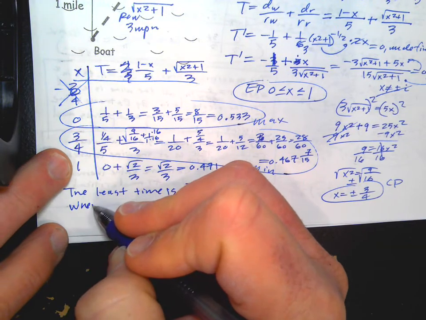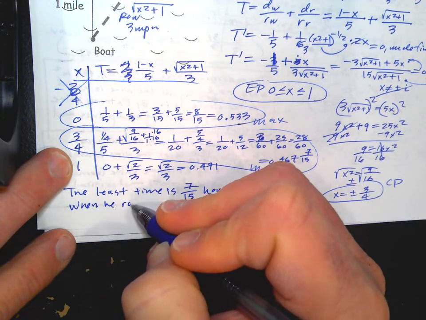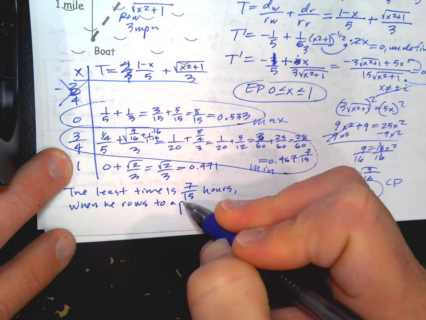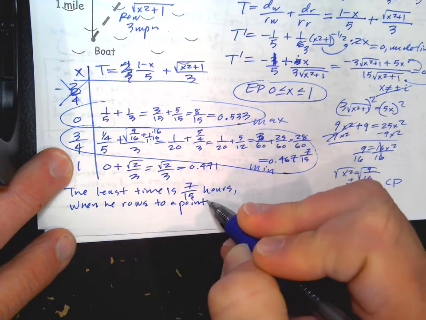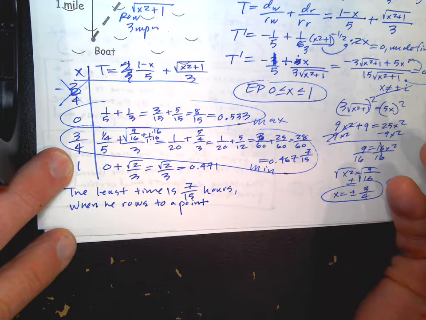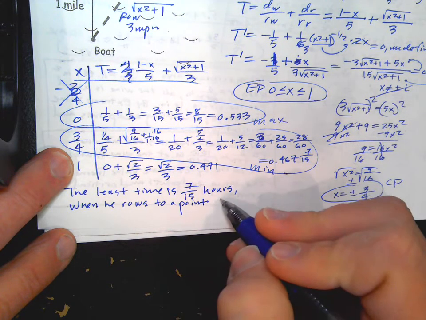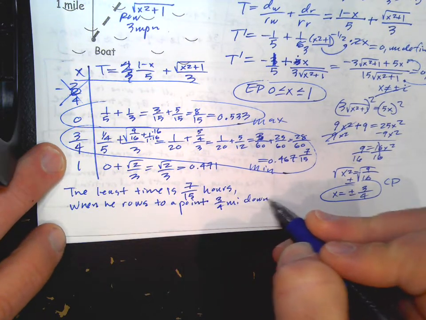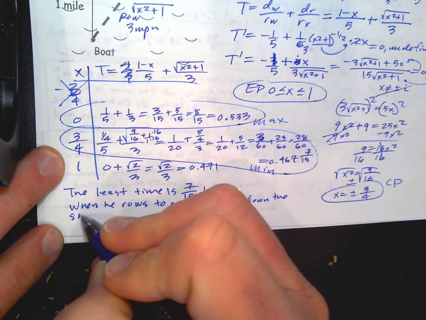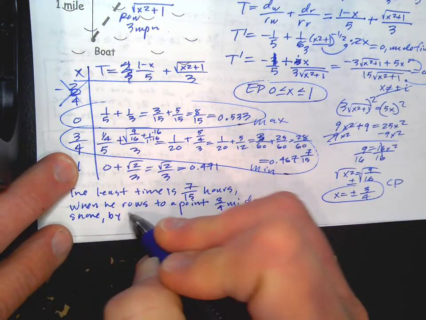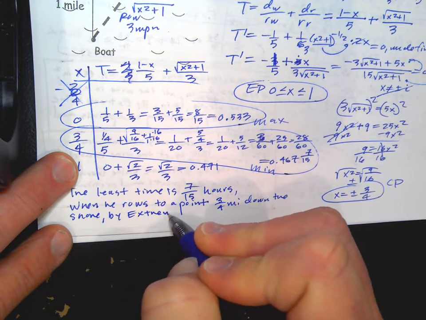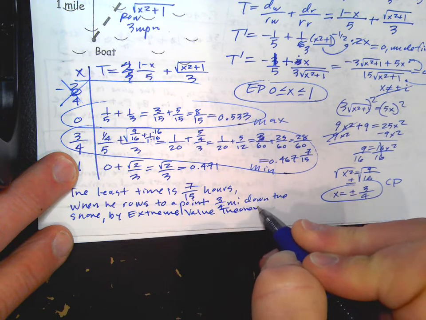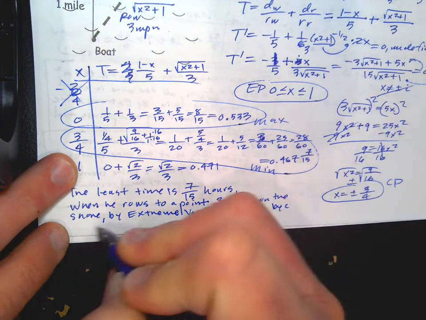When he rowed to a point, x was the variable, 3/4 of a mile down the shore, by extreme value theorem, by checking endpoints and critical points.